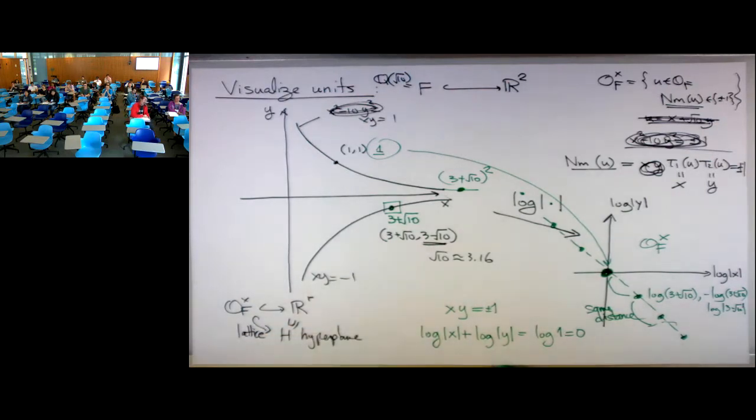This is how you visualize the units, a lattice inside a hyperplane. And you can still talk about fundamental units. There's something called the regulator of the number field. That's also an important invariant of this number field.